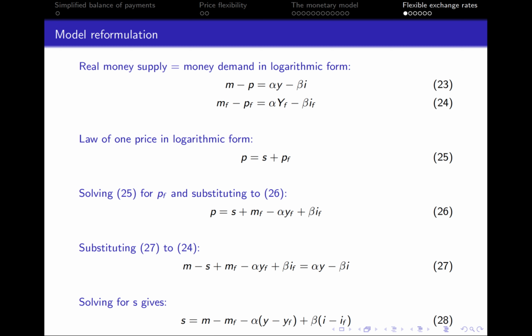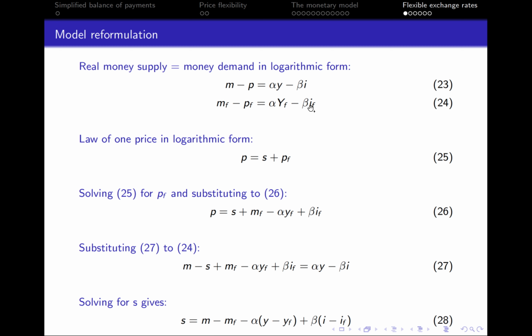Okay, so now look, the law of one price in logarithmic form, we had P equals S times P_F, can also be transformed through logarithms into p, the logarithm of the price level, equals s plus p_F. Now, look, I think here is a mistake.